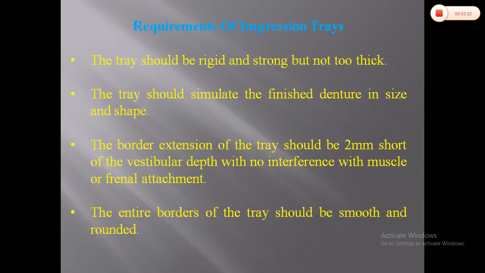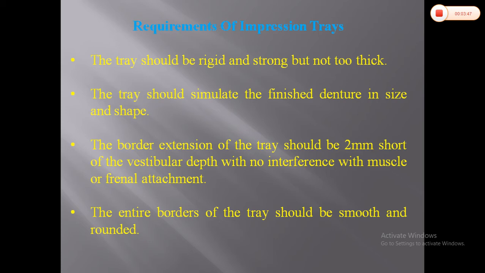The requirements of impression trays are: first, they should be rigid and strong enough, but not too thick. It should be rigid so that it does not get distorted while making the impression or before the pouring of the cast. Otherwise, the size of the cast you get will vary.